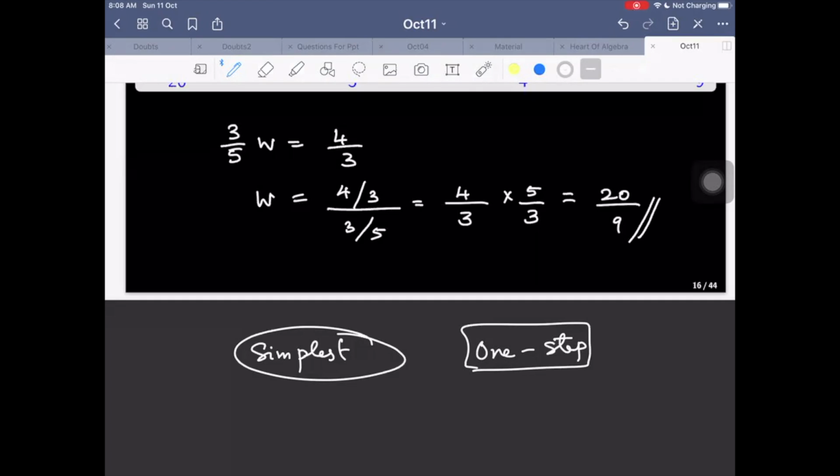In the next class, we'll see more complicated equations, but we'll still restrict our discussion to linear equations, because this part itself has a lot of variety of questions. These are the easiest ones. Next class, we'll see multi-step equations, where you have to simplify an expression. There will be expressions on both LHS and RHS, where you have to use addition, subtraction, multiplication, and division. So all this will be involved.